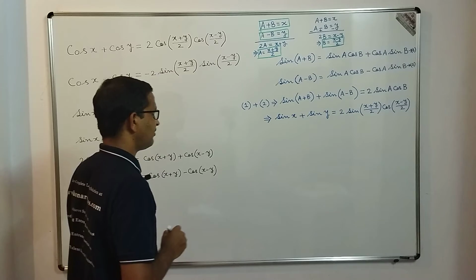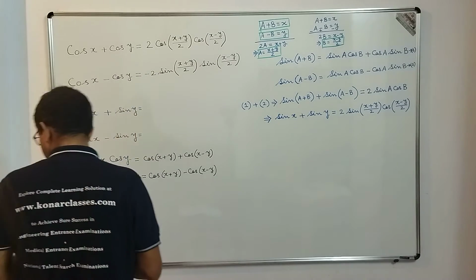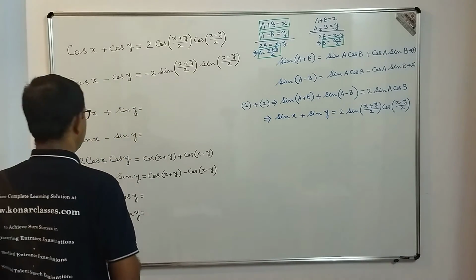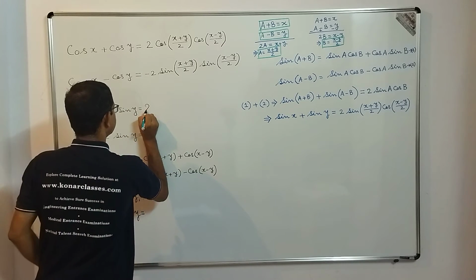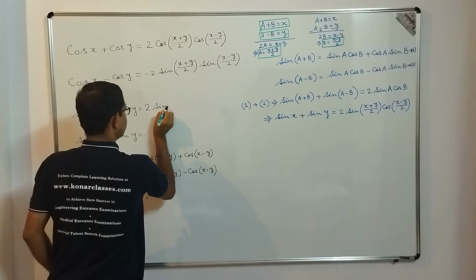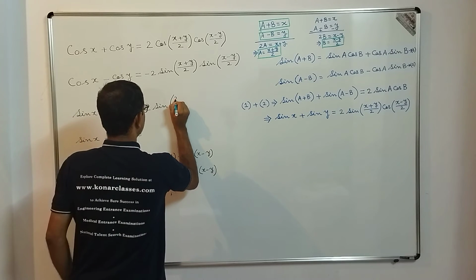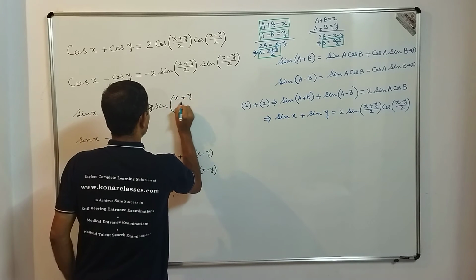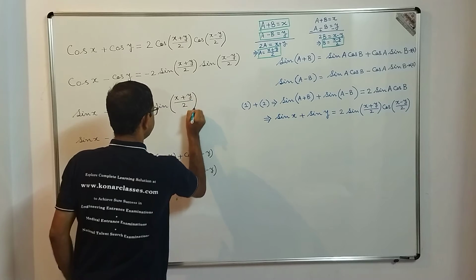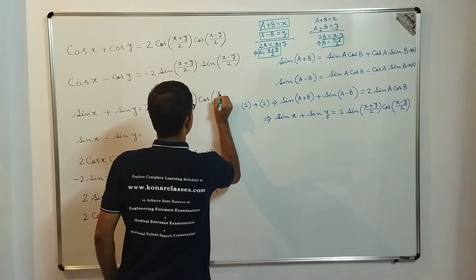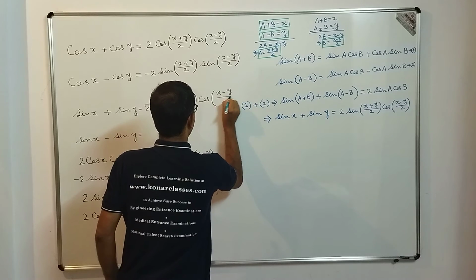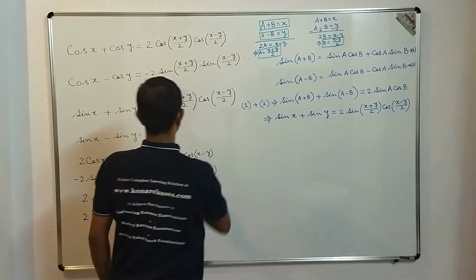Correct? We get this formula. So let me write it here, dear students. We got the formula for sin x plus sin y, that is 2 sin (x plus y) by 2 into cos (x minus y) by 2.